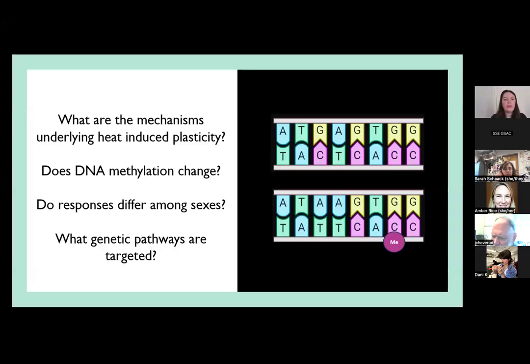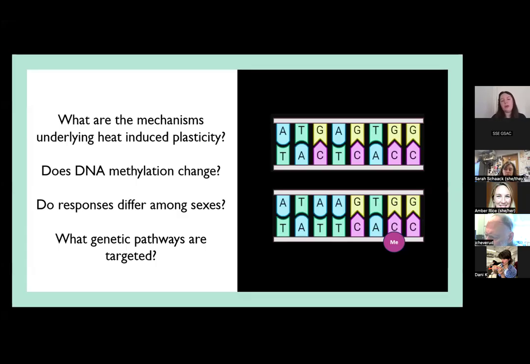And so the point of the second part of my talk was to try and fill in some of these gaps. So the broad theme is what are the mechanisms underlying heat-induced plasticity that we saw in the first part of my talk, but then also does DNA methylation change in response to a moderate heat? Because think back to what I just told you, everyone else has really done quite dramatic changes in heat, at least 10 degrees Celsius.